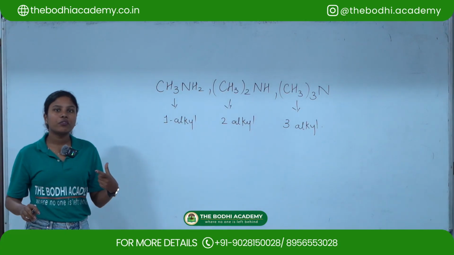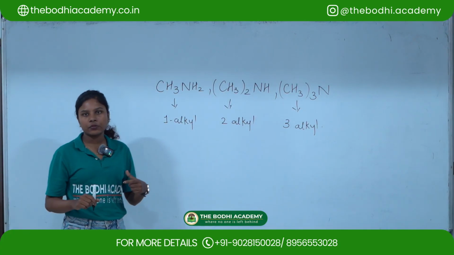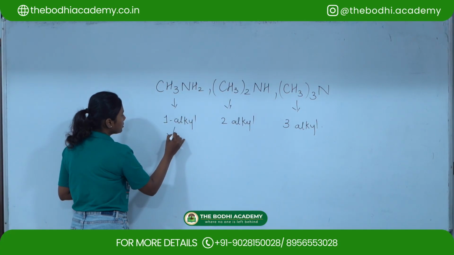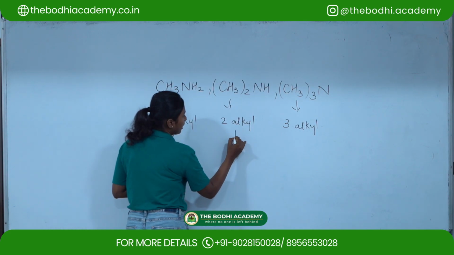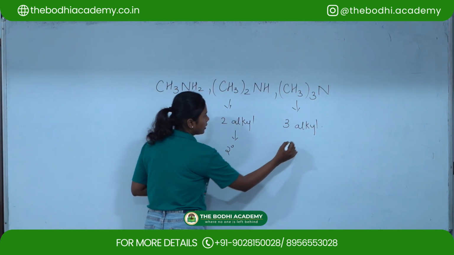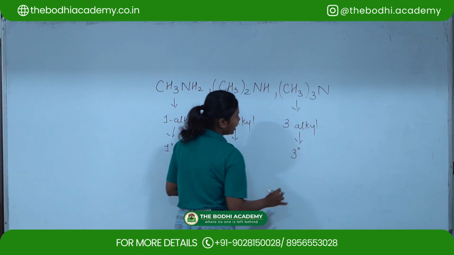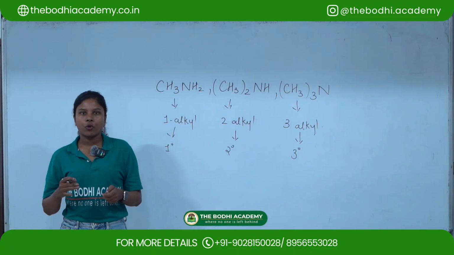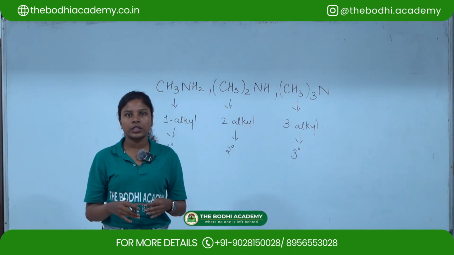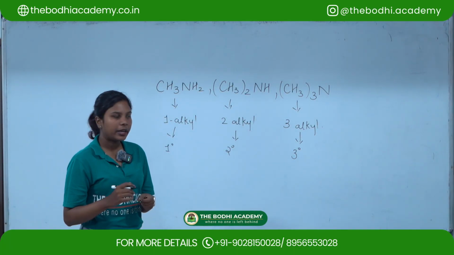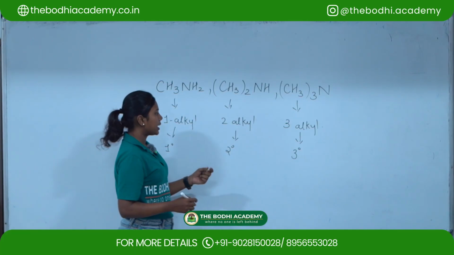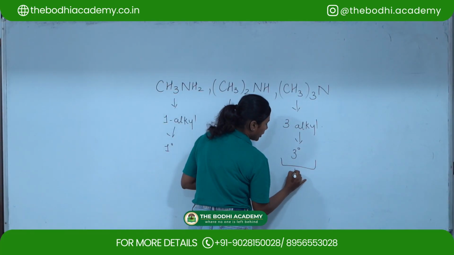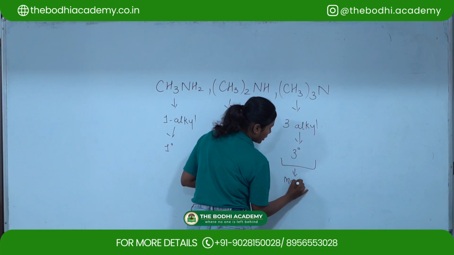Based on this we further classify them: this becomes the primary amine, this becomes the secondary amine, and this becomes the tertiary amine. As I said before, the basicity increases with the number of alkyl groups present. So technically in this case, the tertiary one should be most basic.